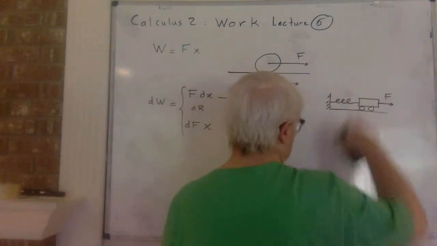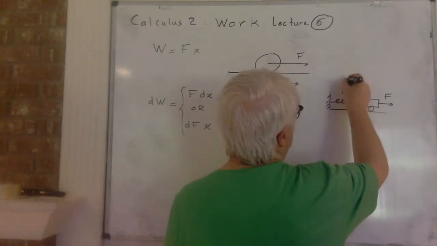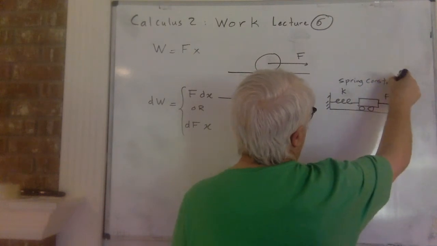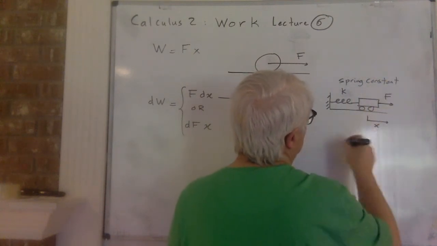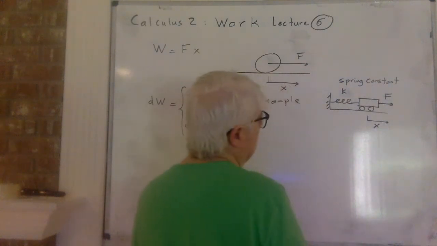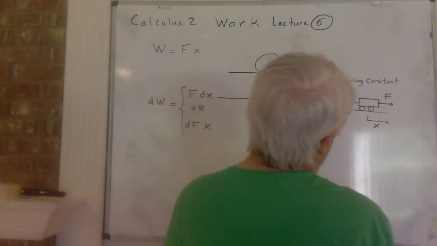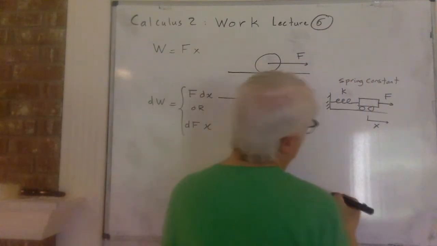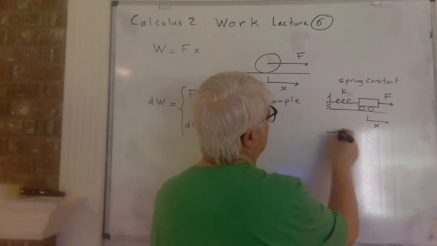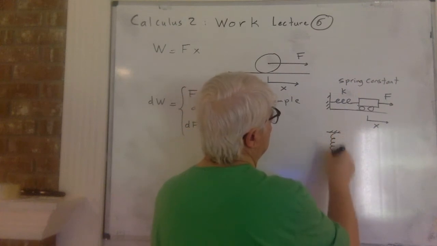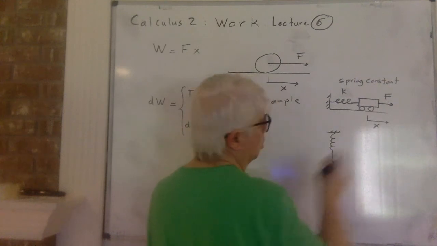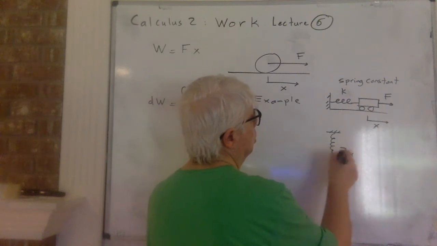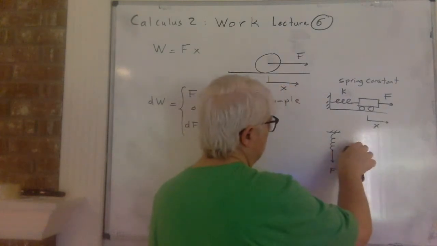The spring has spring constant k, and it moves x. So what is F? If I pull a spring, say just pull it down, it moves distance x, so the tip moves distance x.